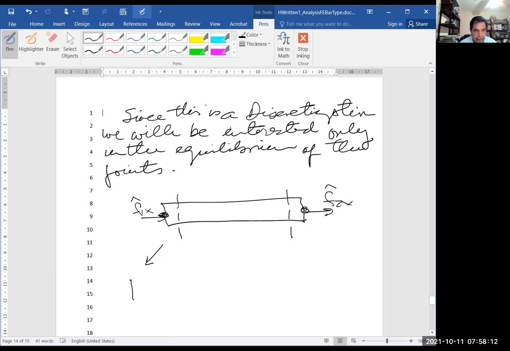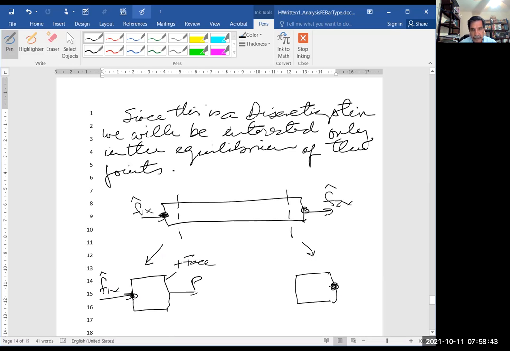So we have, I'm going to draw with a large dimension. Here is the joint. I have this external force. External force positive points to the right. Okay? This is a positive face. So on the positive face, P points to the right. Now, for the equilibrium of the other joint, I have something similar.